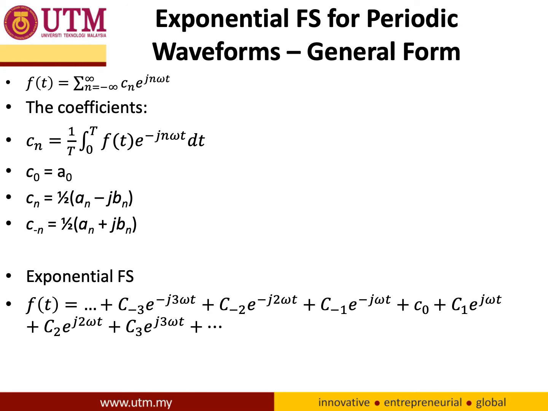Generally, the exponential Fourier series for a periodic waveform can be expressed as the equation f(t) equals the summation of n from minus infinity to infinity of coefficient cn times exponential e to the power j n omega t, where we can find the coefficient cn using the formula given here, and where cn will include cn as well as c minus n.